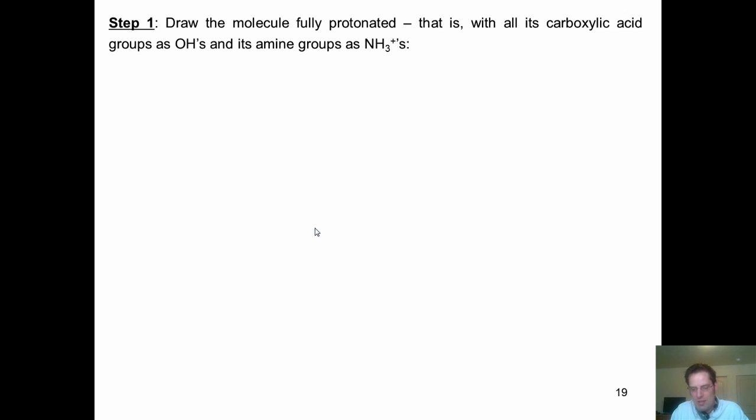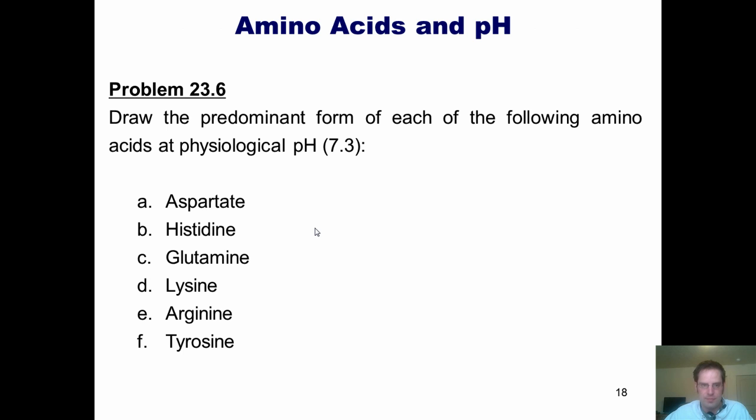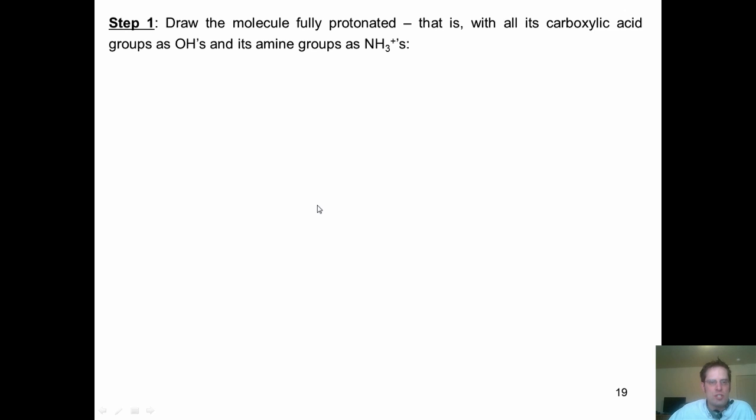So now I'll talk you through the steps involved in answering this kind of question. Remember, the question is, draw the structure in the form that it would exist at pH 7.3. The first structure on this list was aspartate. So here's step one. We draw the molecule fully protonated.